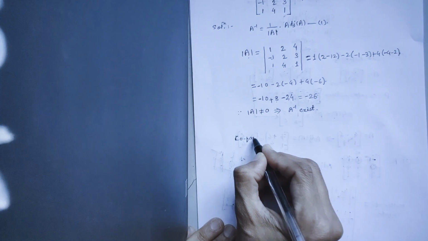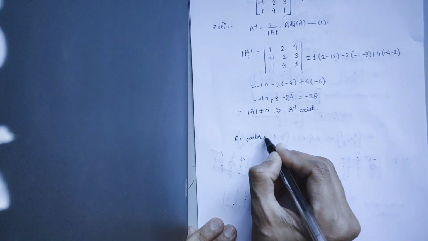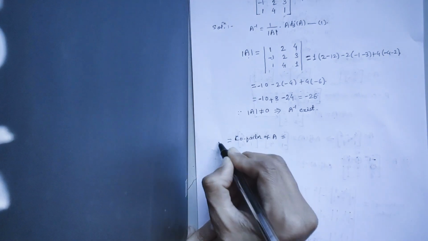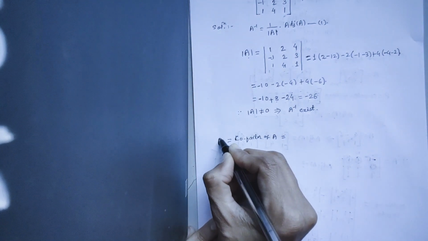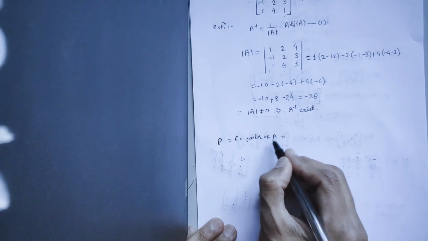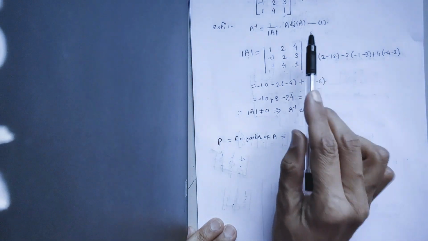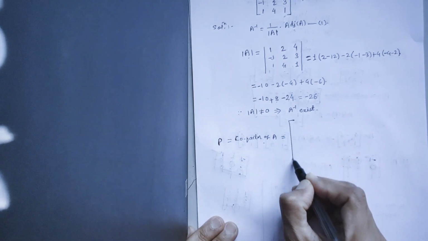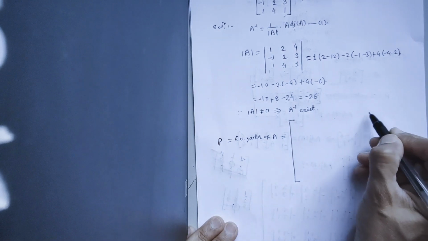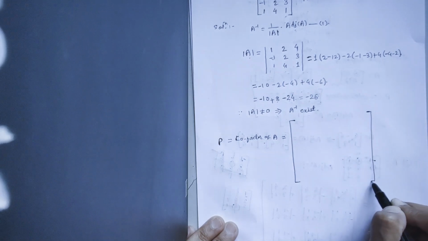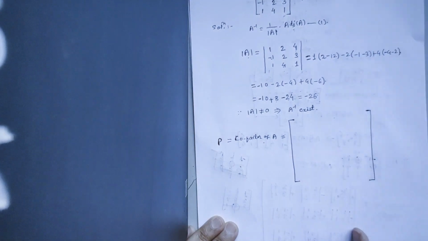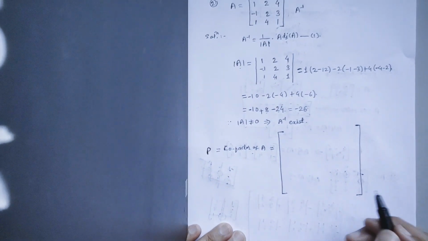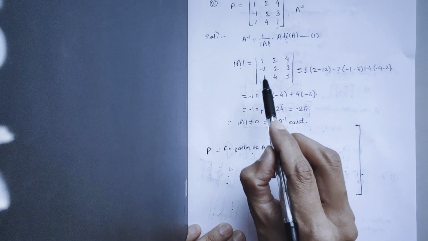So the cofactor matrix of A, let me name it the P matrix, and then we will take the transpose of this matrix, which is going to give us the adjoint of A. I am writing a big matrix here because I need a very large matrix. Now carefully do the calculations. The sign I will change at the end. First of all, I am just writing the cofactor determinants.